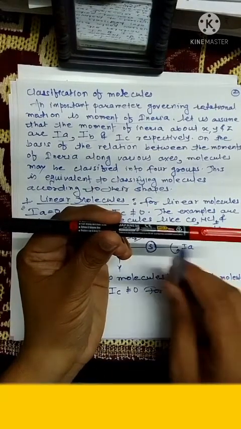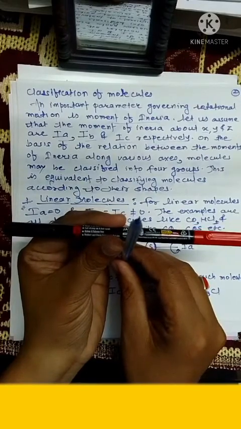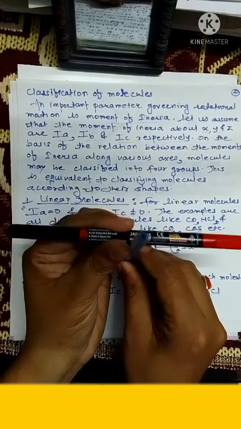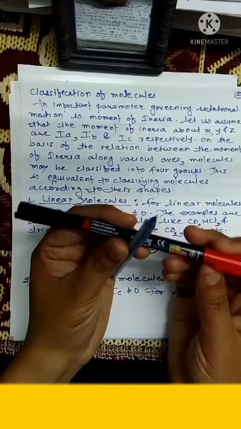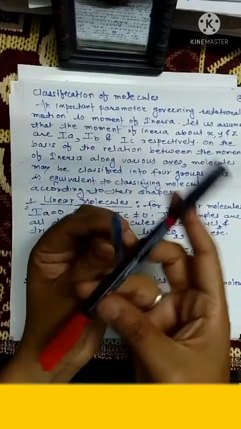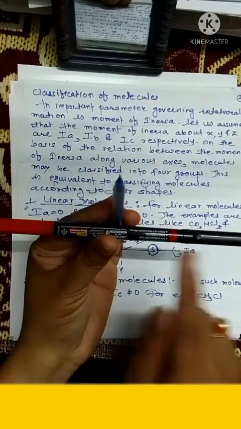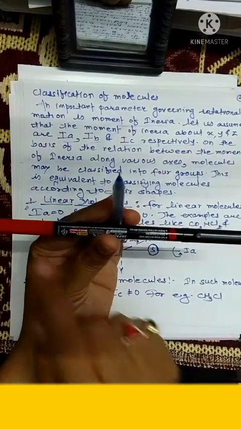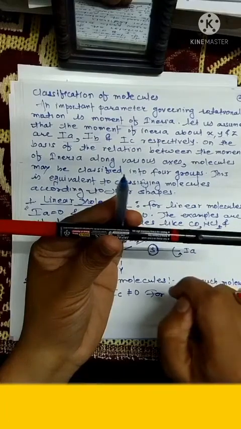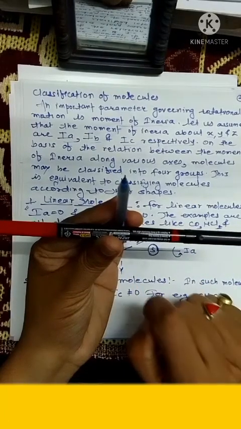Now let this be the y-axis. What happens if I rotate this molecule along the y-axis? We clearly see that there is a change of position of the sulfur and oxygen atoms. That's why Ib cannot be 0.